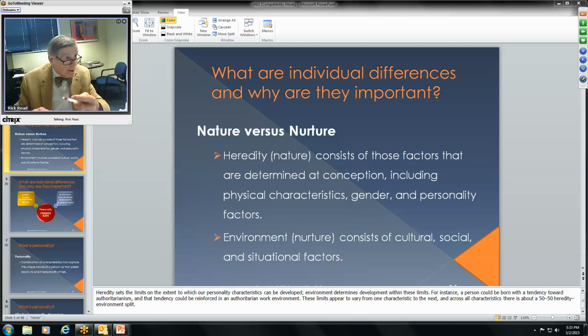The other is nurture, and that is our environmental surroundings. And when we are strictly within the family clan, we're probably not going to be influenced too much by this nurture business.